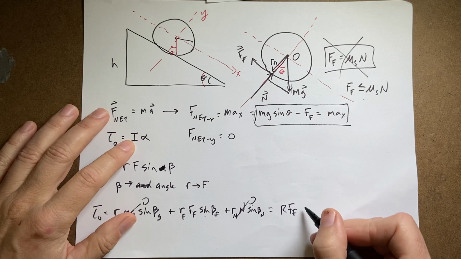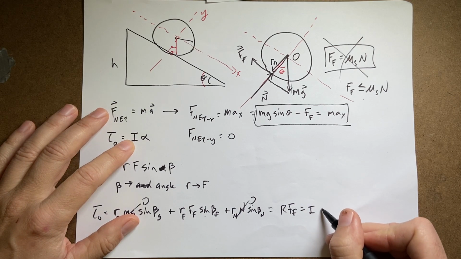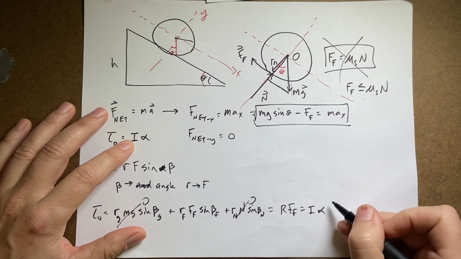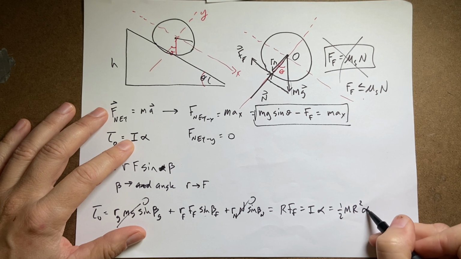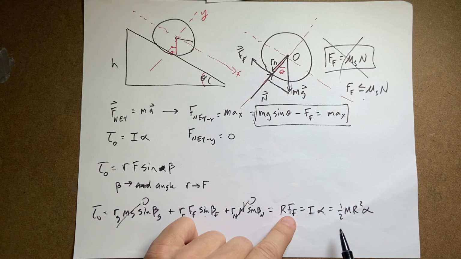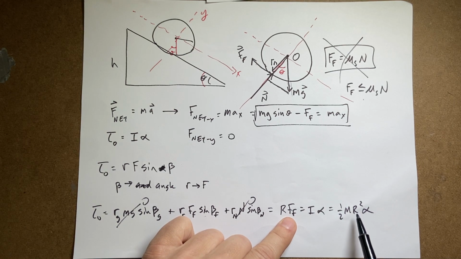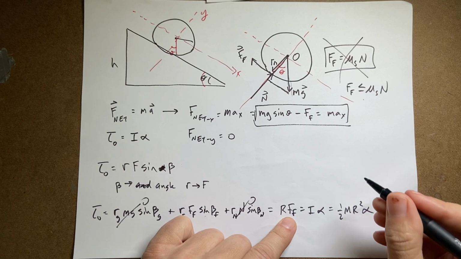Now this has to be equal to I times alpha. And I know what I is, so that's going to be 1/2 mr squared times alpha. Now, if I can get an expression for F in terms of the acceleration, I'm going to be golden, right?